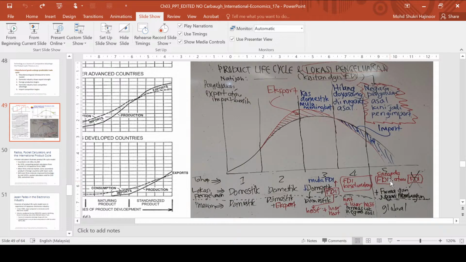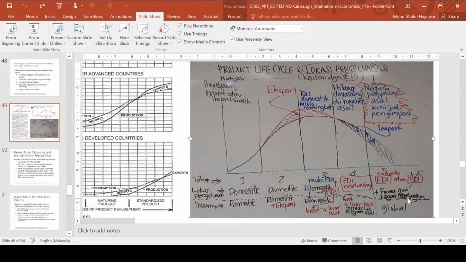And the market is now global. So what I was saying, TV was introduced by the United States. Now the United States imports TV from Malaysia.